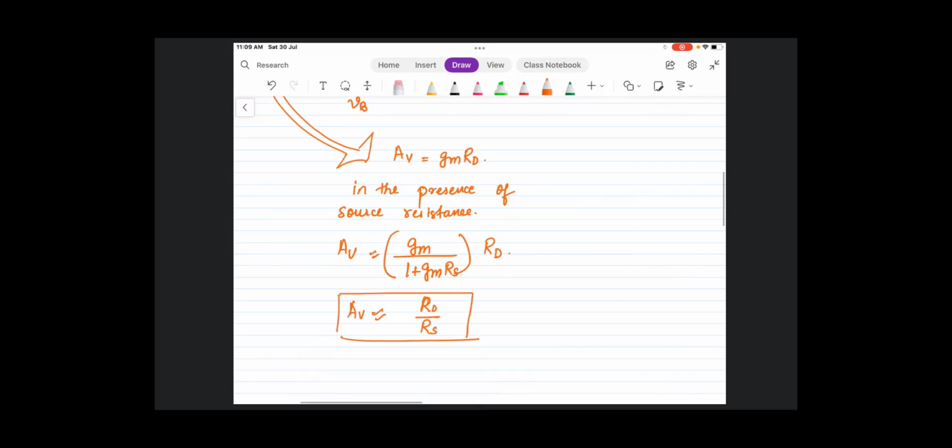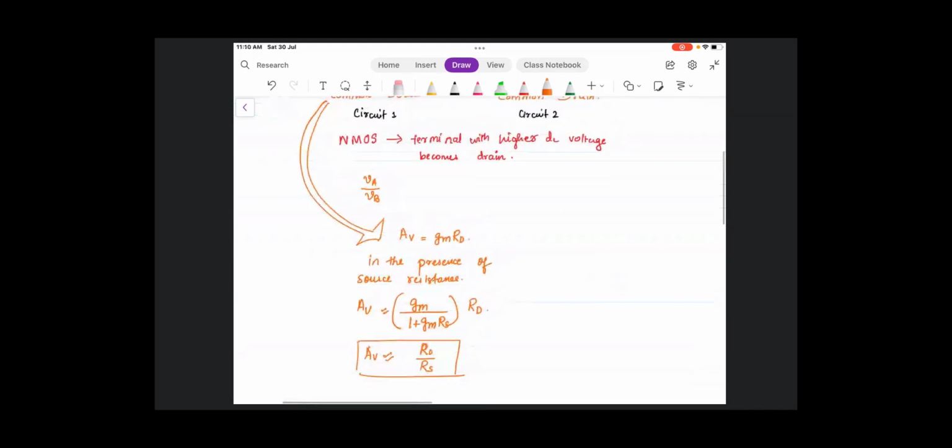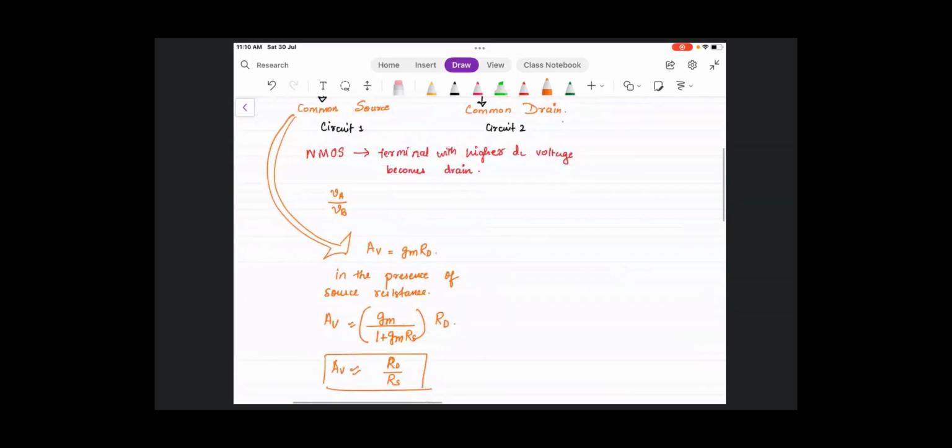Now in the common drain configuration, the voltage gain is approximately equal to 1.